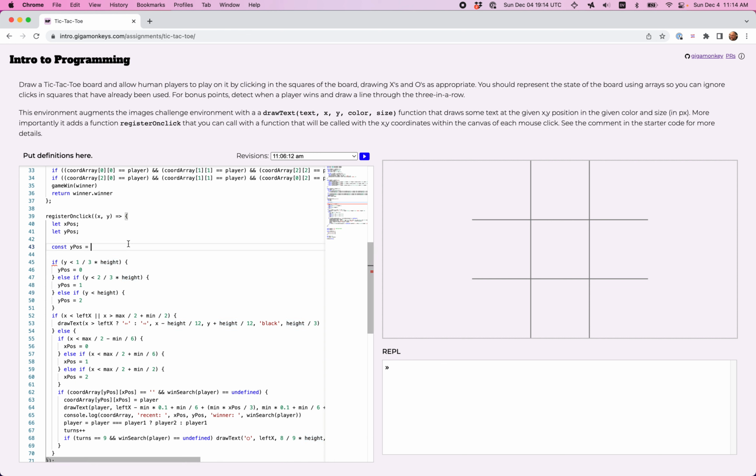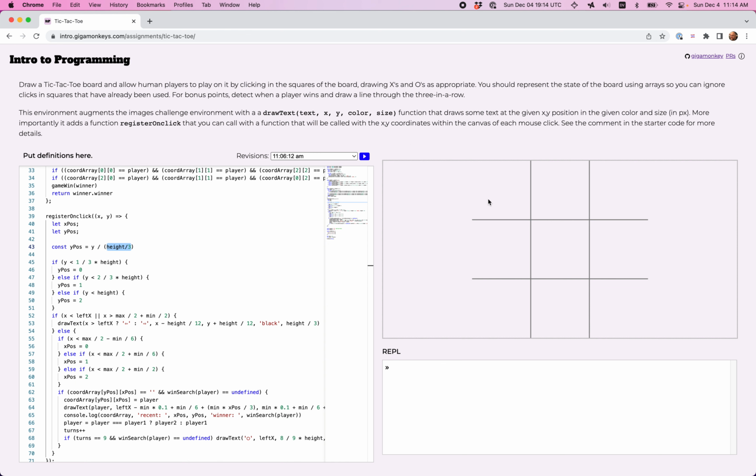Another way to look at that is if we took the y value and divided it by 1/3 times height, or more likely I would just write it as height divided by 3. Height divided by 3 is our ruler, the length of one row's worth.